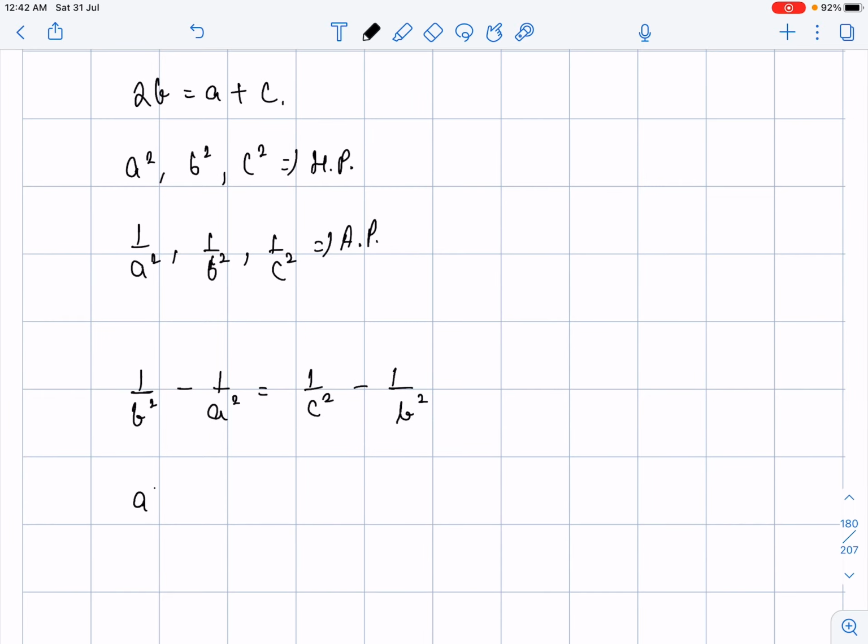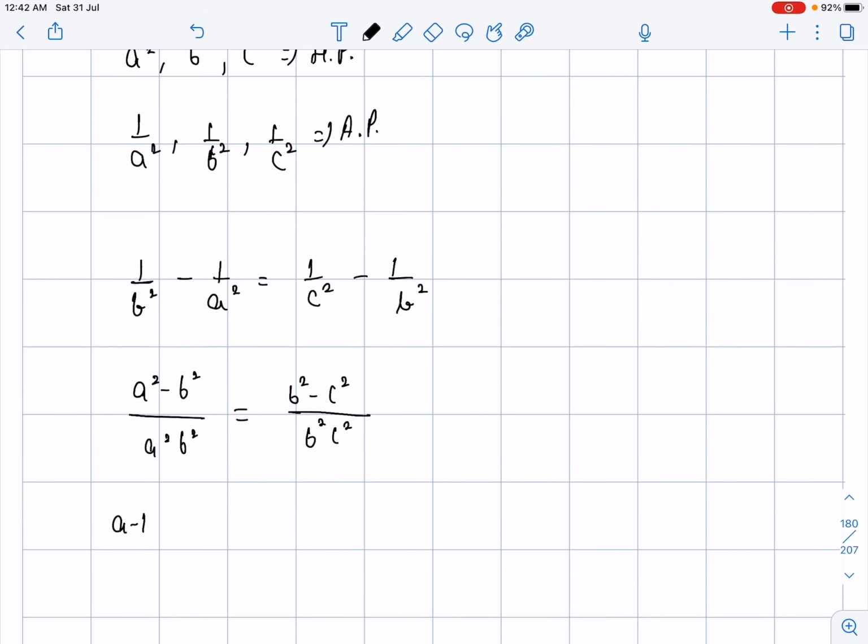Proceeding further, we write a square minus b square upon a square times b square is equal to b square minus c square divided by b square times c square. So a minus b multiplied by a plus b, divided by a square multiplied by b square in the denominator, is equal to b minus c multiplied by b plus c, divided by b square times c square in the denominator.